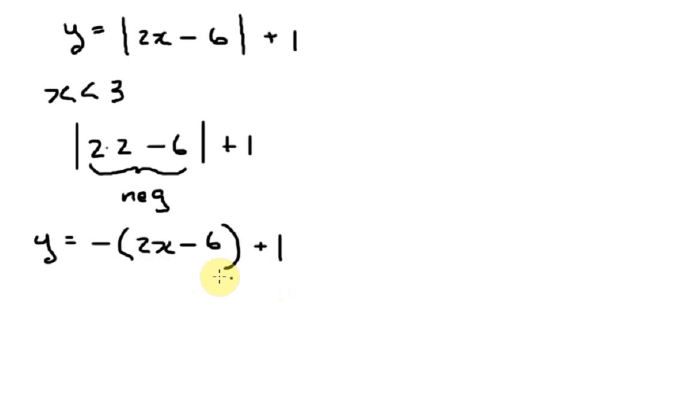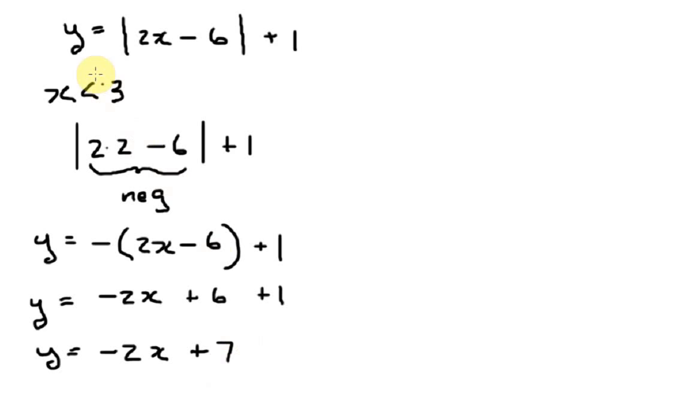So this is basically my equation. I'm just going to clean it up a little bit now, expand out the brackets. So this would become plus 6 plus 1, and then if I combine the numbers, I'm going to have y equals negative 2x plus 7, when x is less than 3.